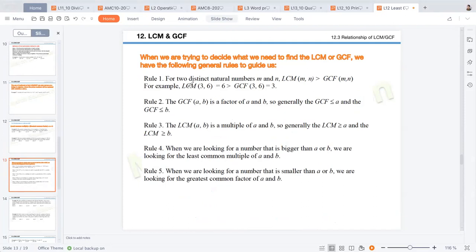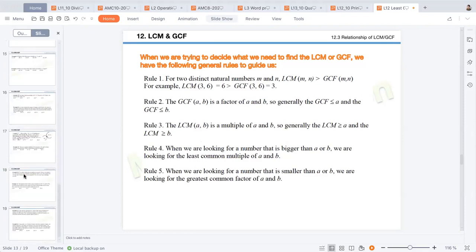If we find some words like divided, that means greatest common factor.